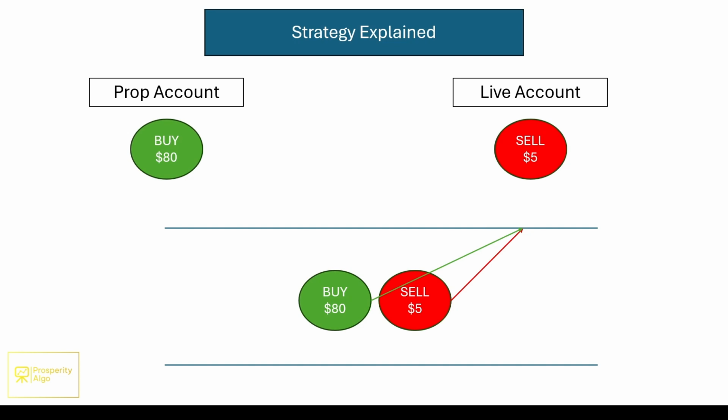If you hit the target in the prop firm account, you would have incurred a string of losers in your live account. Whereas if you incur a loss in the prop firm account and you lose the challenge, you would have incurred a string of winners in your live account, which if done properly, should effectively pay for your prop firm challenge.